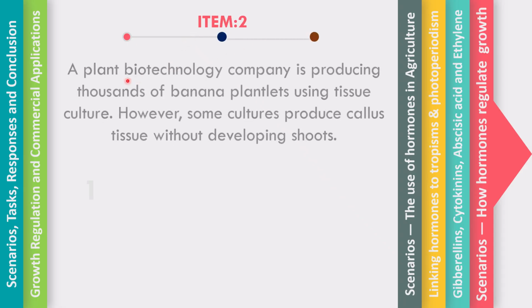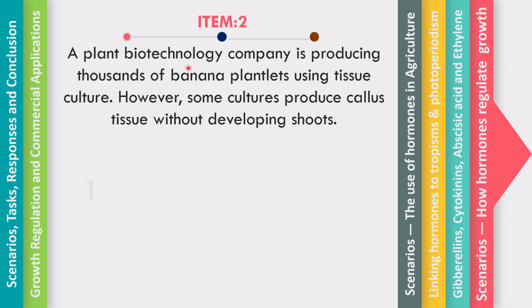Item 2. A plant biotechnology company is producing thousands of banana plantlets using tissue culture. However, some cultures produce callus tissue without developing shoots.